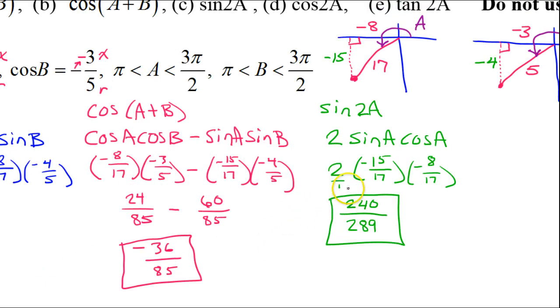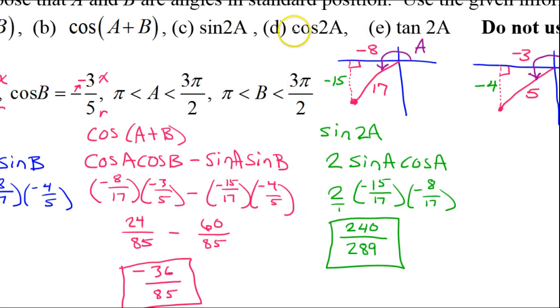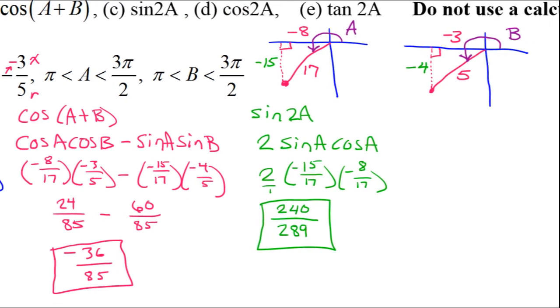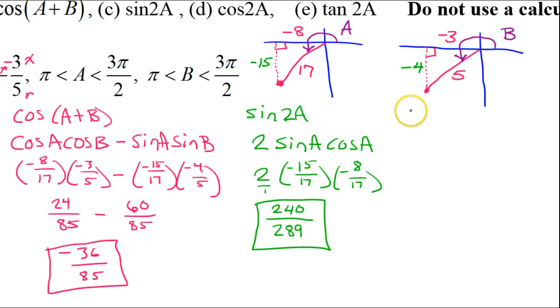Alright, what am I supposed to find next? So I did sine of 2A. Time for the cosine of 2A now. Alright, so here we go. Cosine of 2A. Well, according to the formula, that is going to be cosine squared A minus sine squared A. Okay, so let's see.